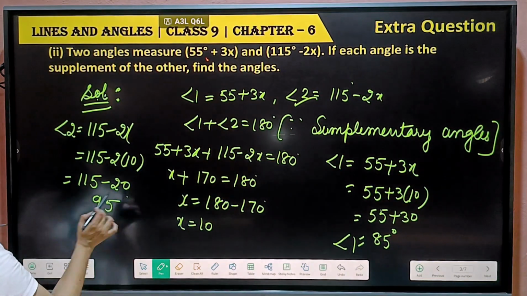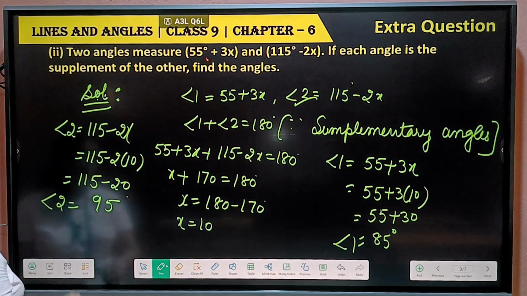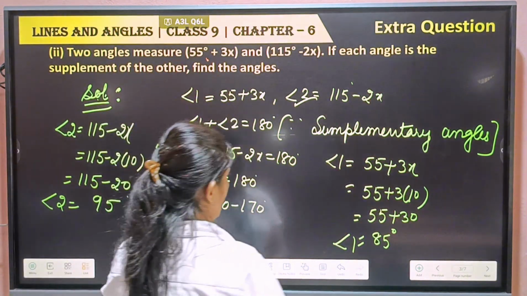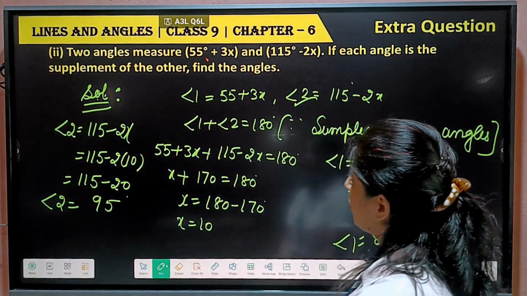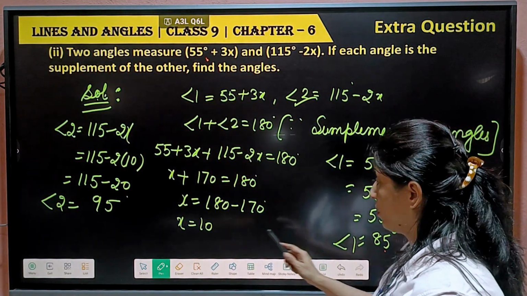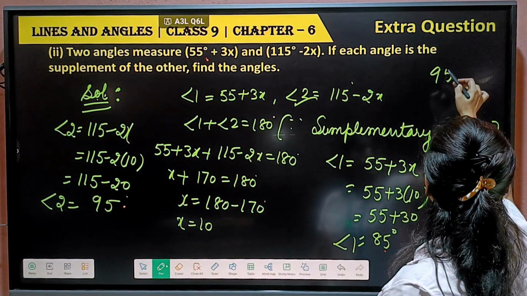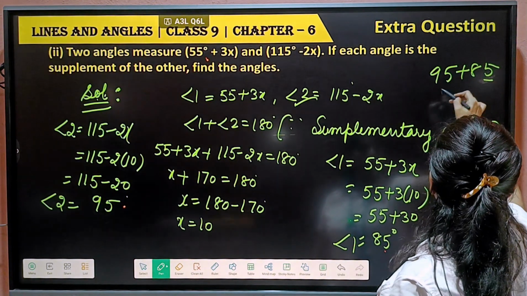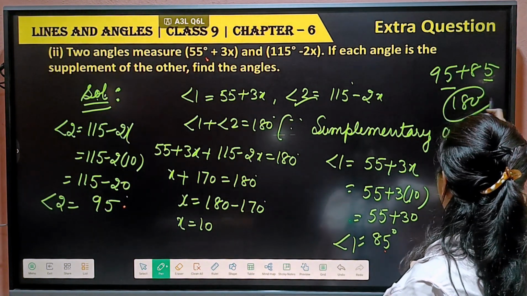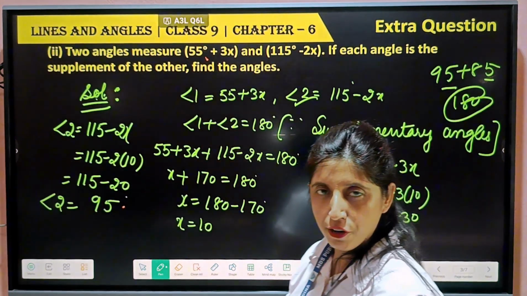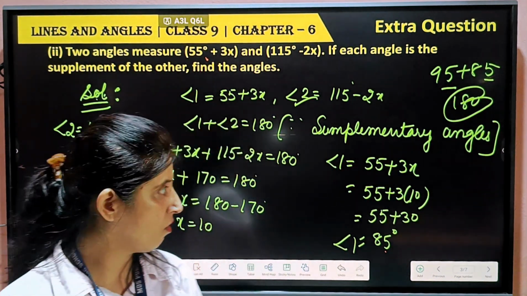Okay, this is angle 2. Now both angles came and both angles are supplements of each other because their sum, check once whether their sum is 180 or not. 95 plus 85. 5 and 5, 10, 9 and 8 is 18. 180 came. It means both are supplements of each other, right?